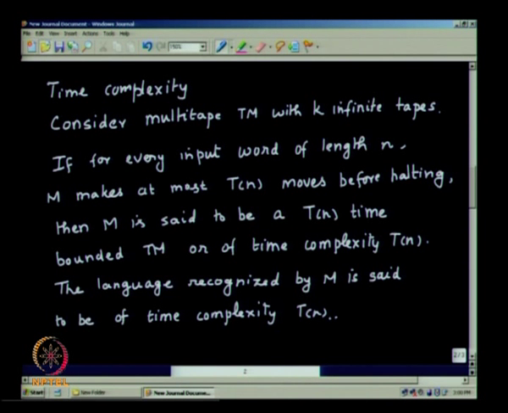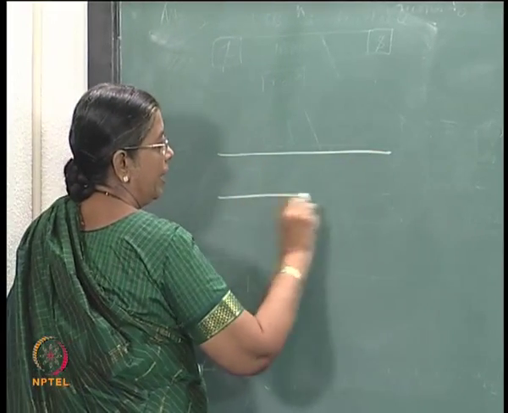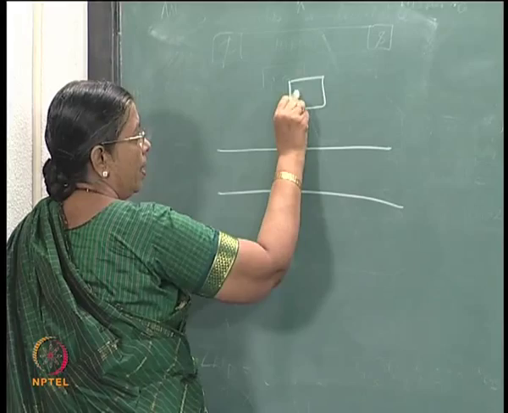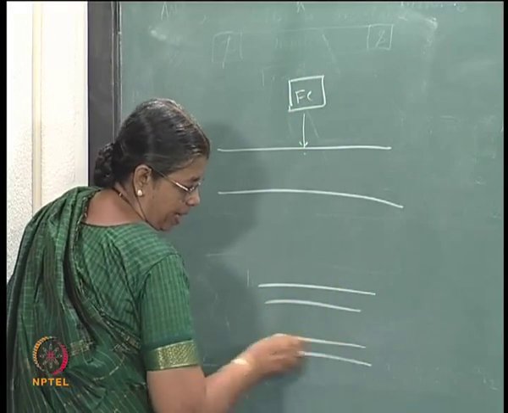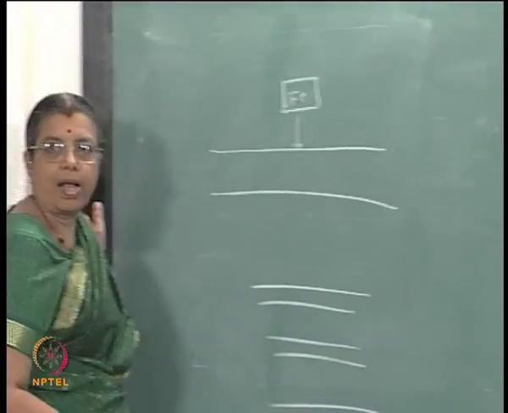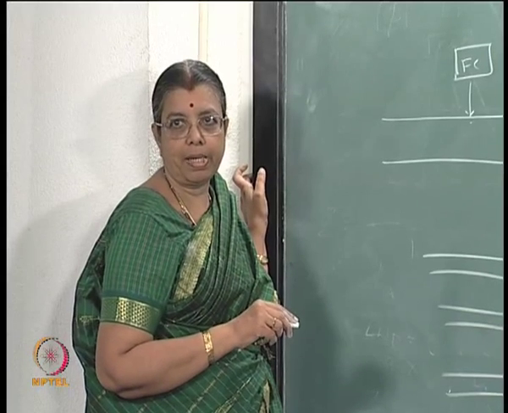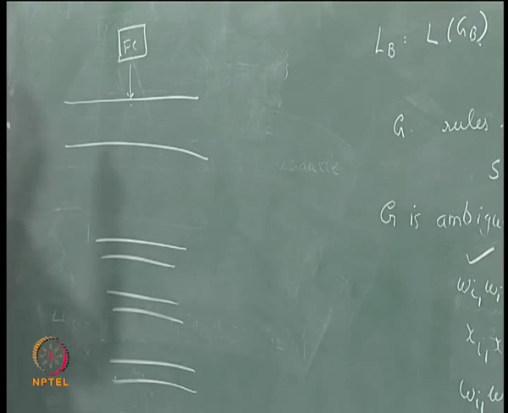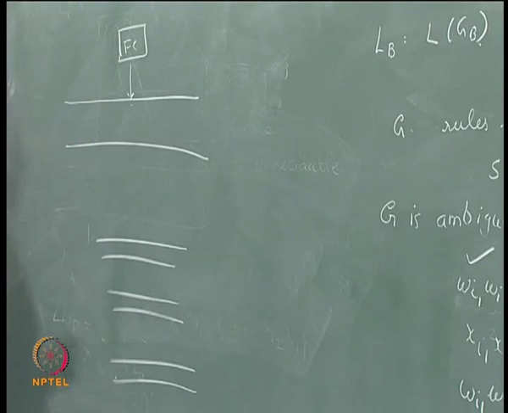Now, it is important whether you are using multi tape or single tape. You cannot just say single tape, because we know that a single tape Turing machine can simulate a multi tape Turing machine. You have seen how the simulation can be done: if you have k tapes, you can have a single tape with 2k tracks and so on.